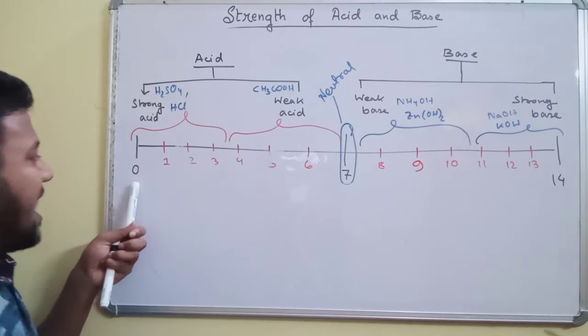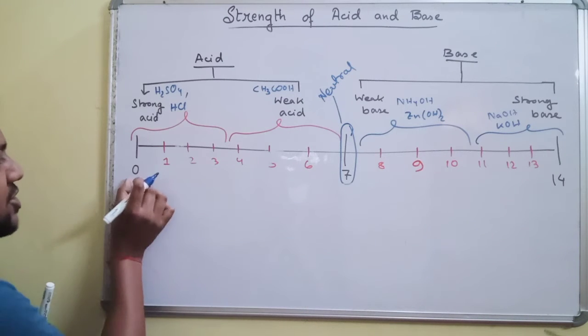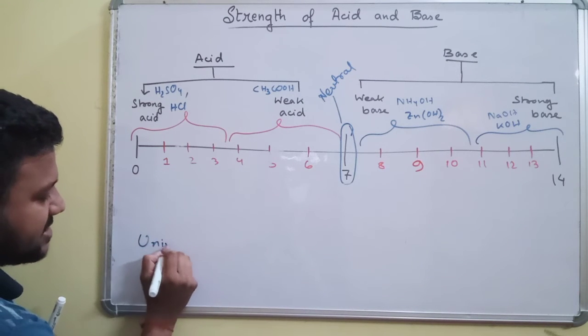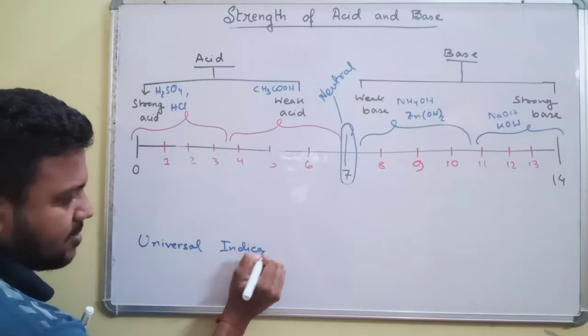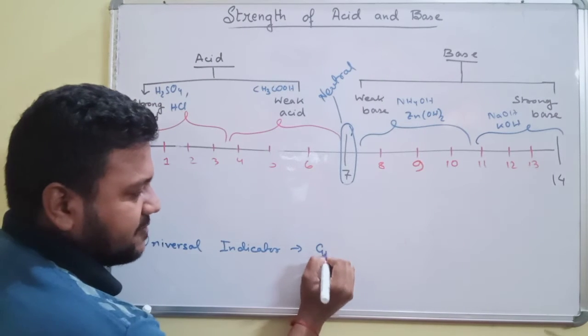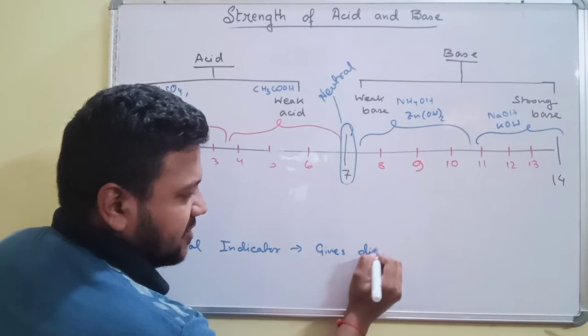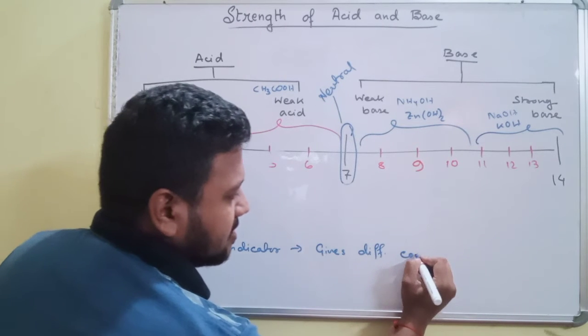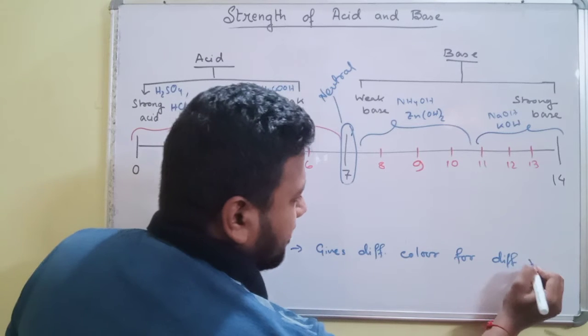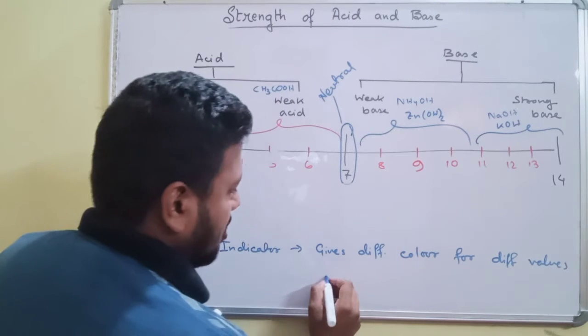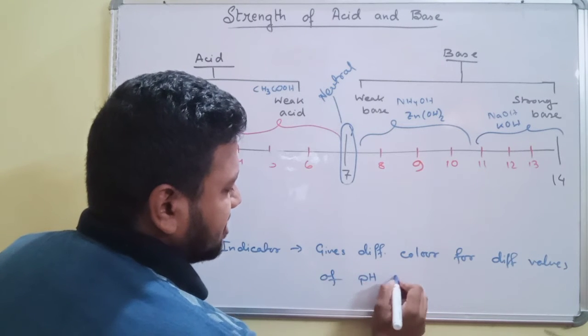Now when we have a particular pH value of 0, a universal indicator gives a different color for different values of the pH scale.